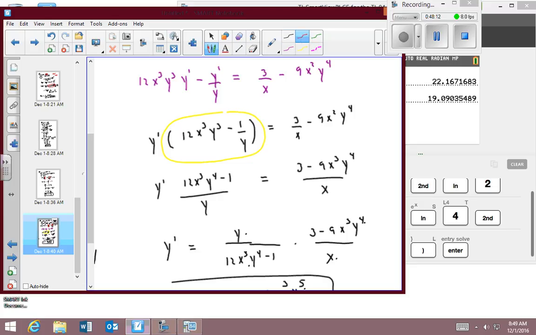I multiplied this thing by y over y, so I could write it with a common denominator. And I did the same thing here. I multiplied this by x over x. But that's where that y came from there.